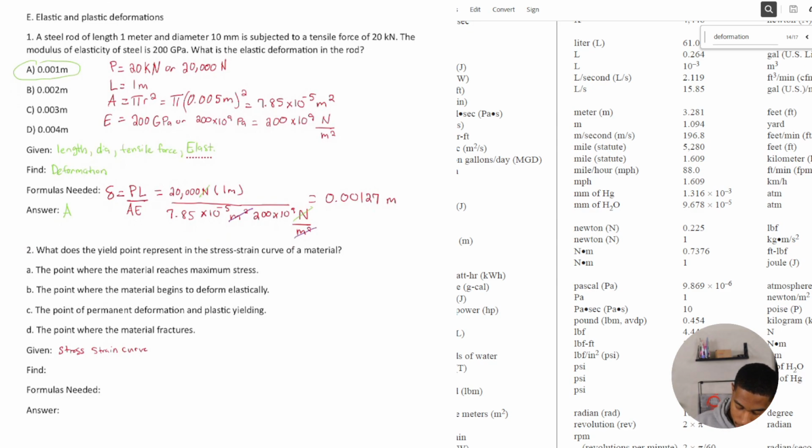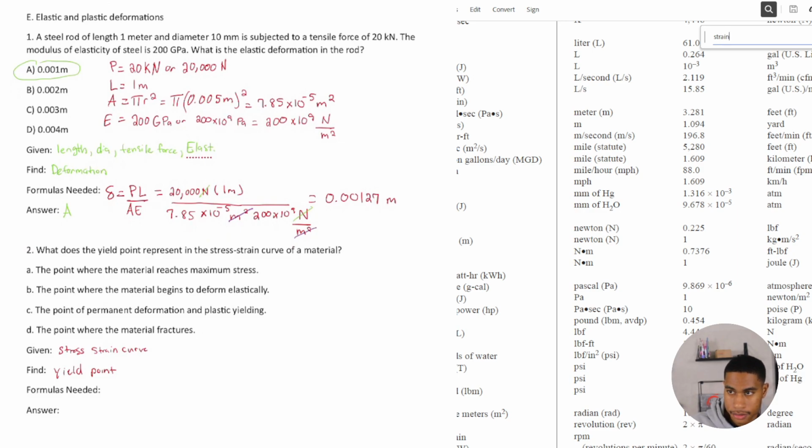We're trying to find the yield point. Is there a formula that we need? Not necessarily. You must know the stress strain curve.